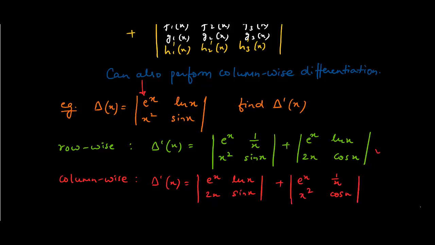So both these answers are correct. You can perform the method whichever suits you. Although in most cases we go for row wise differentiation, in rare situations we might have to perform column wise differentiation as well.